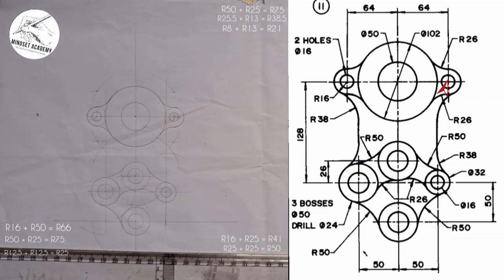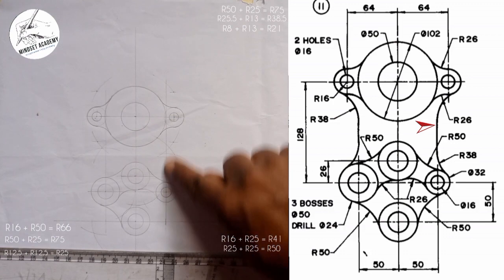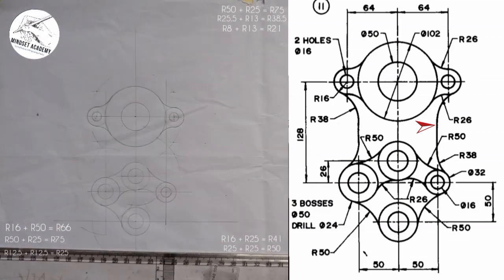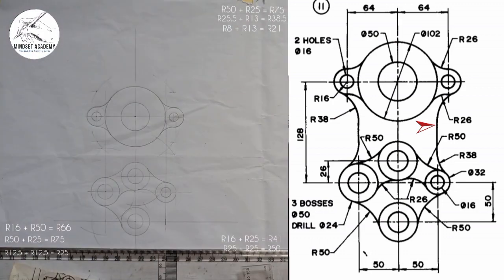Now the next thing is these two lines here and here, which we already have. We've already drawn the line from here to here. What you do now is to draw this arc, right? And the arc is given as the radius of what? 38. So you need to take half of it, which is what? 19.